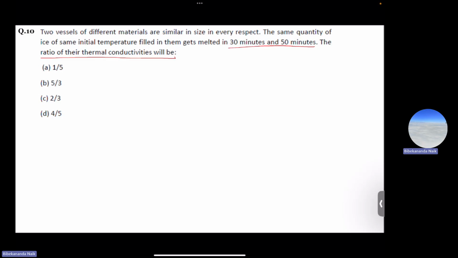So what does the question say? Two vessels of different materials. So A and B are of different material and similar in size. The same quantity of ice of same initial temperature filled in them gets melted in 30 minutes and 50 minutes.